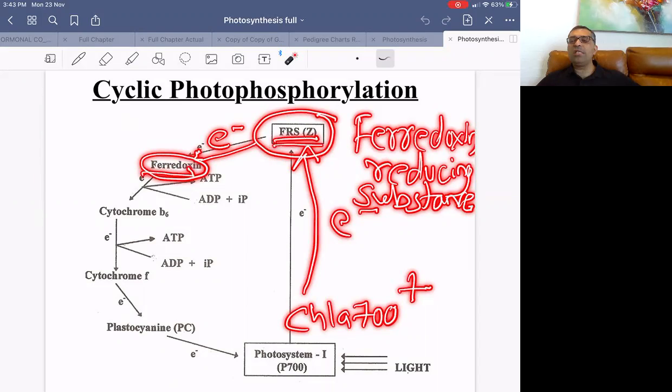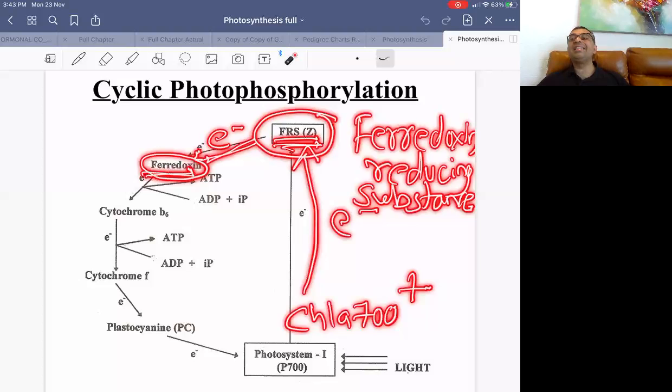Now ferredoxine is electronegative, but ferredoxine is more electronegative. In other words, electron goes from, I hope you remember, lower redox potential to higher redox potential, from FRS Z to ferredoxine.